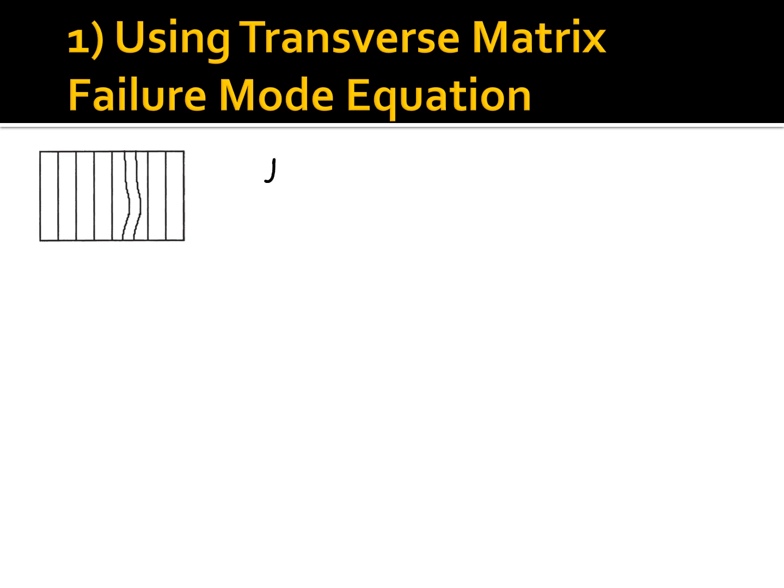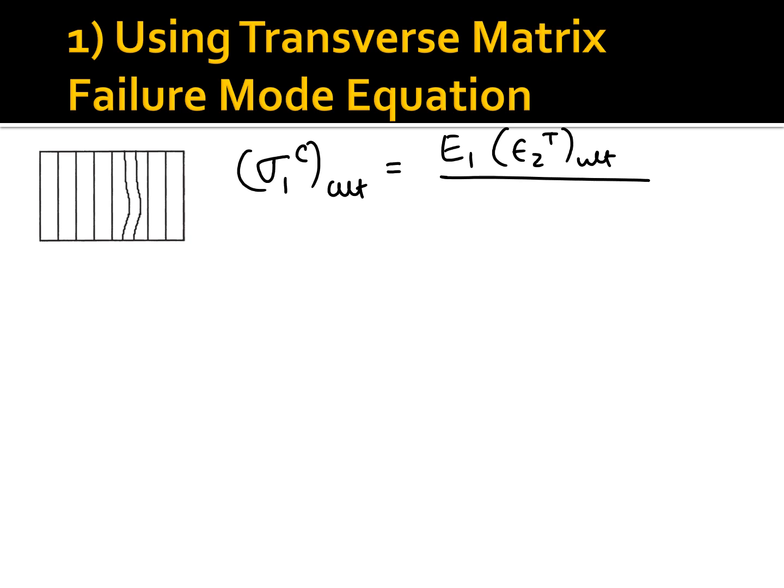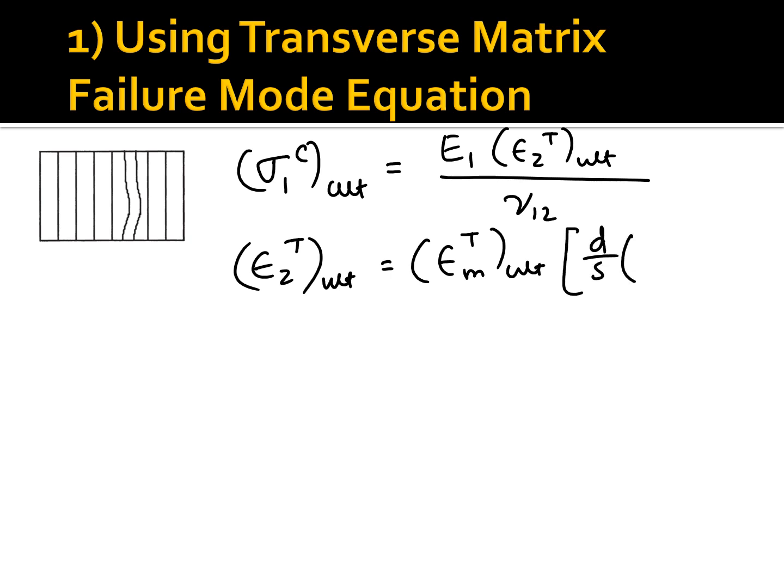This criterion tells you that sigma 1c ultimate is equal to this expression. So we'll be able to find the ultimate strength based on this formula.